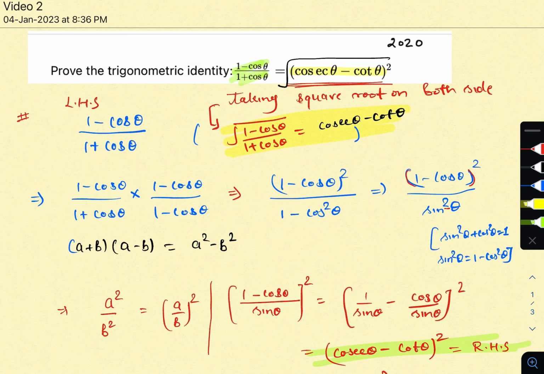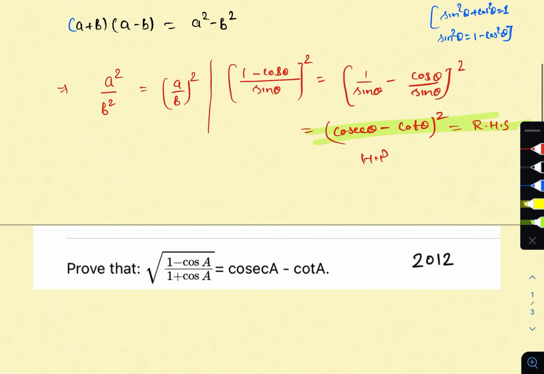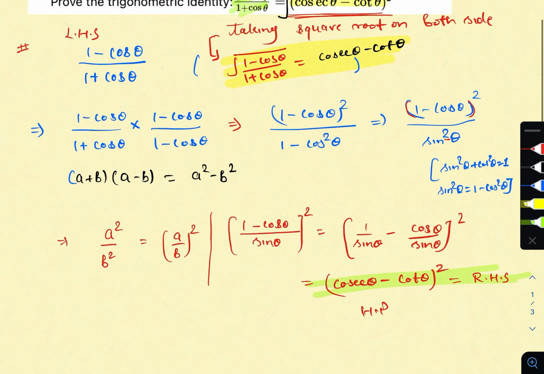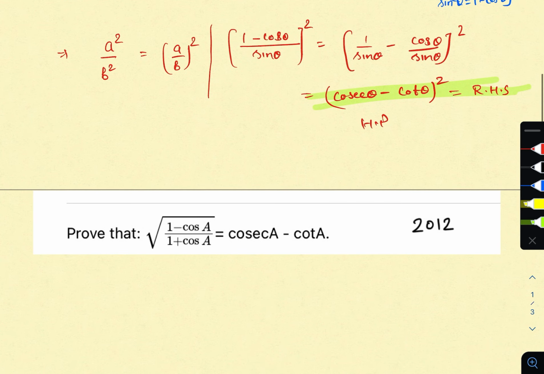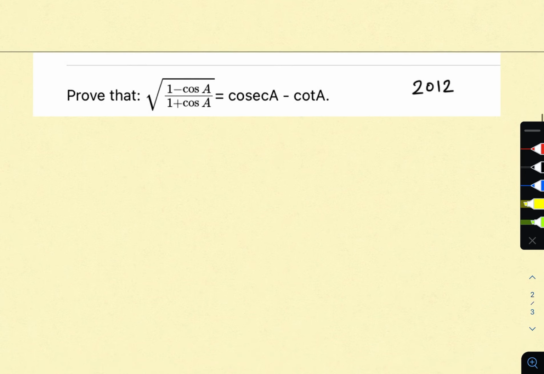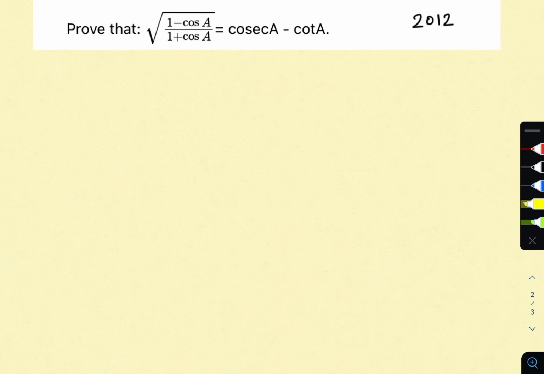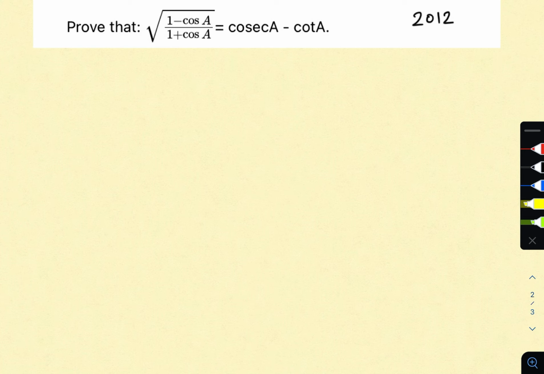Now just see the next question: the same thing is there, under root (1 minus cos theta upon 1 plus cos theta) is equal to cosecant theta minus cot theta. In place of theta there is a different symbol written here, so it will not make any difference, and this is the question of the year 2012. So this is your task, just simplify this question, or if you wish I can solve it.